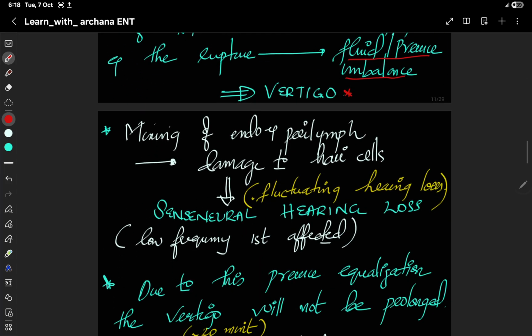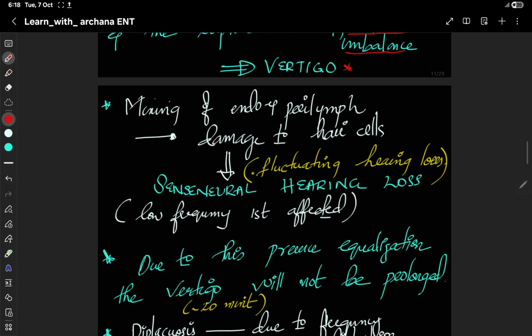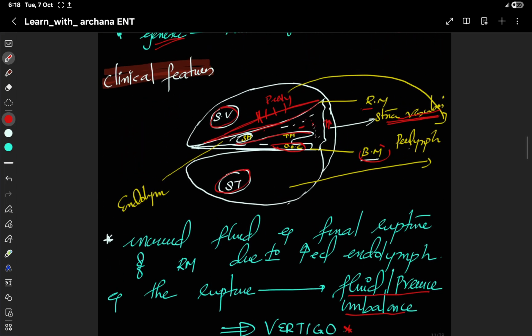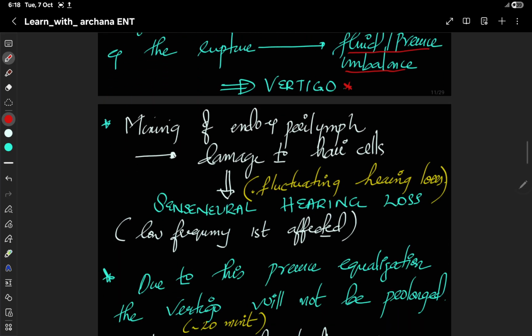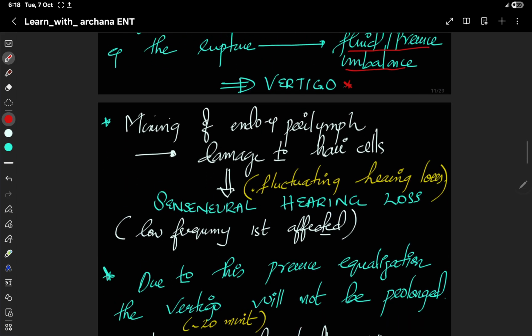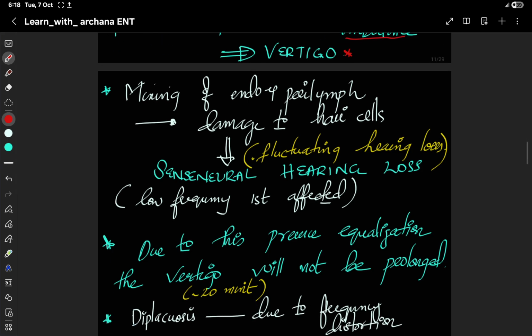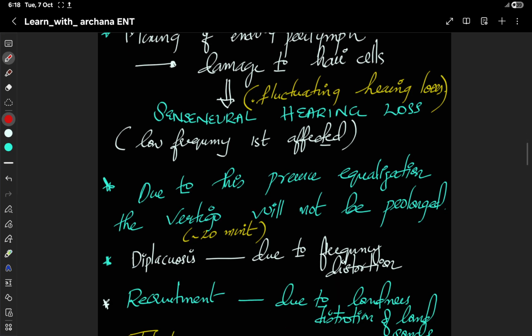Why is there hearing loss? There will be sensorineural hearing loss because the hair cells present here get destroyed due to the perilymph entering. Endolymph is rich in potassium, so there will be changes in the constitution of the elements, which will damage the hair cells.